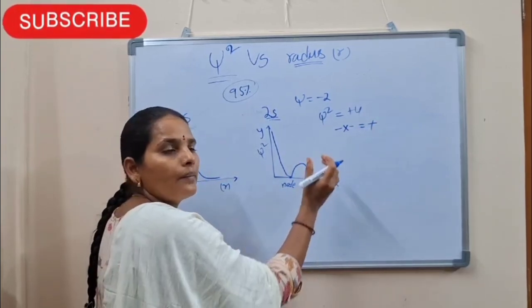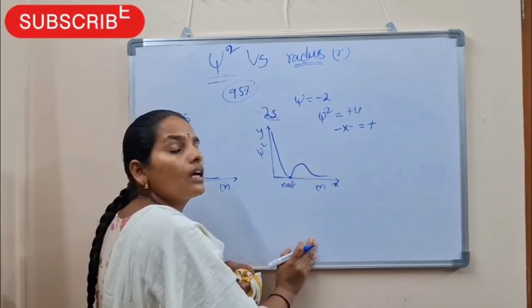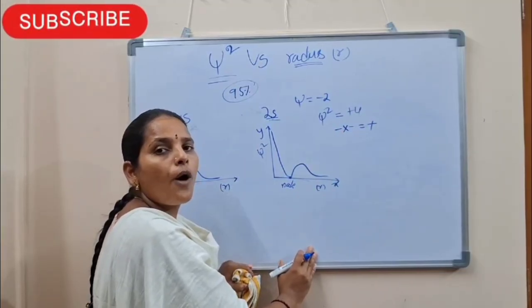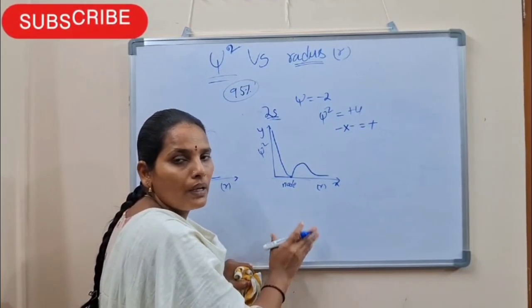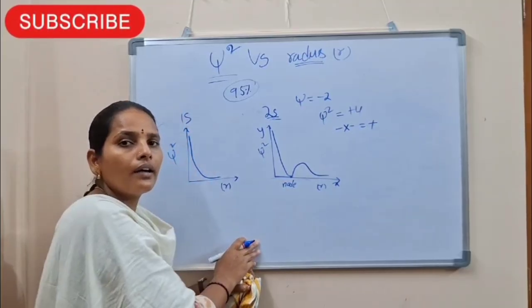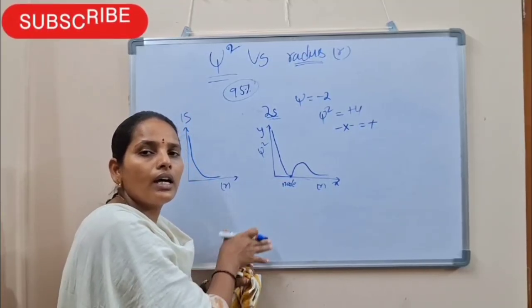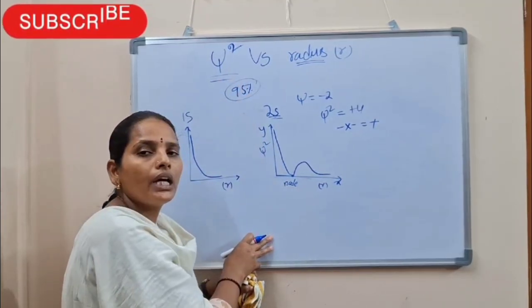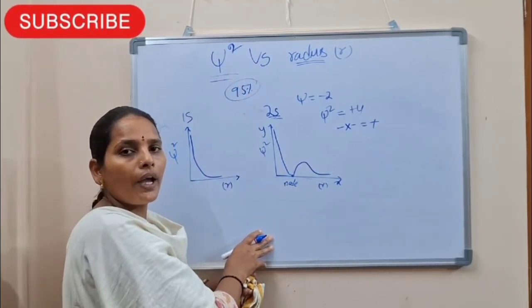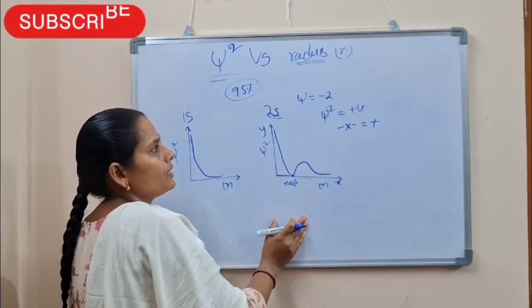In probability density, all the graphs are positive; we do not show any negative graphs. Remember that. But if we plot the graph using the wave function, we get negative parts also. This is for 2s.